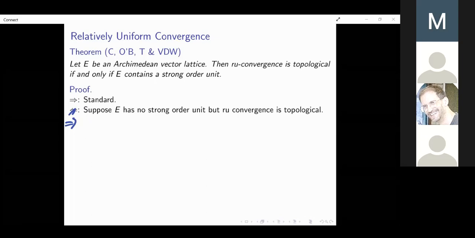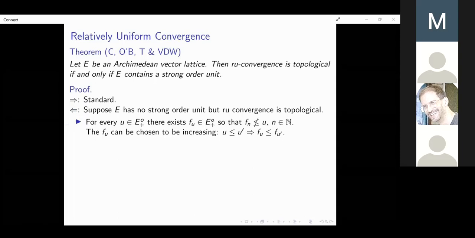You may notice that our argument will be just an abstraction of what we've done before for C00. Because we have no strong order unit, for every positive and non-zero u, there is an f_u, also positive and non-zero, so that f_u is not dominated by nu for every natural number n.